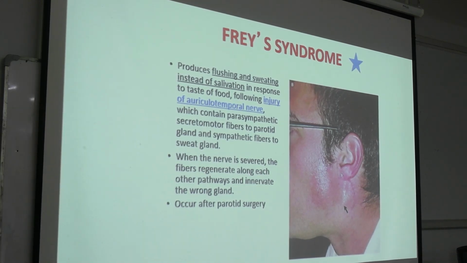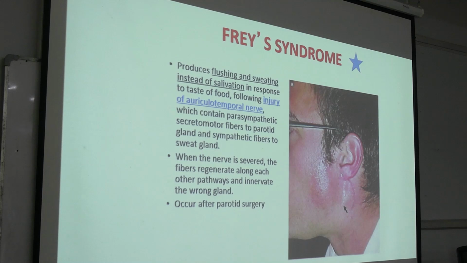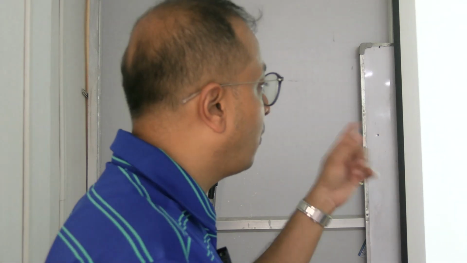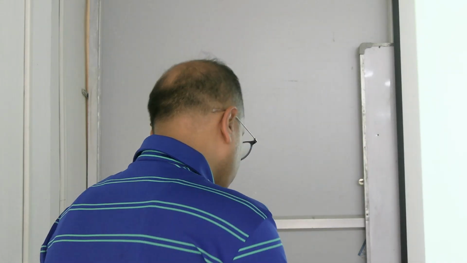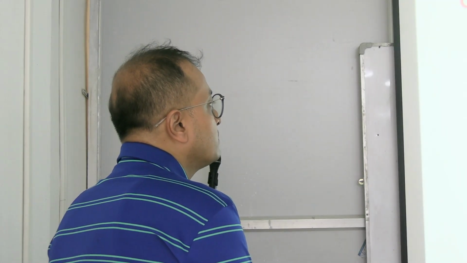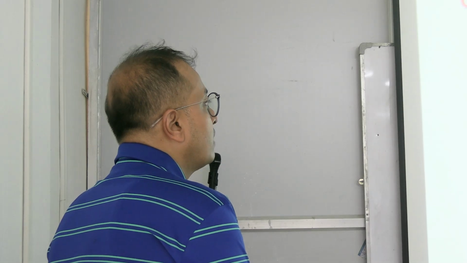This kind of thing we call Frey syndrome. Whenever you see these patients, they have vasodilation and sweating instead of salivation. It happens post surgery because of the faulty regeneration of nerve fibers between the sympathetic nerve fibers and the auriculotemporal nerve. But it is a complex thing. I do not know whether you can digest this at this level or not. So, parotid gland swelling, Bell's palsy and the painful nature of parotid swelling, that you have to understand.